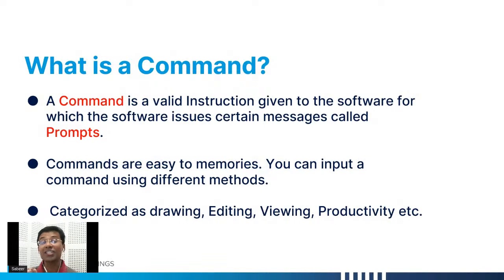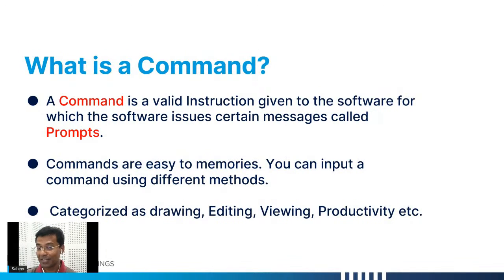Then there are productivity commands. What is productivity? Productivity is used to improve the efficiency of production. What is a product here? Your product is a drawing or a model. The main reason why you make use of AutoCAD for computer-aided drafting and design is that it is very productive.